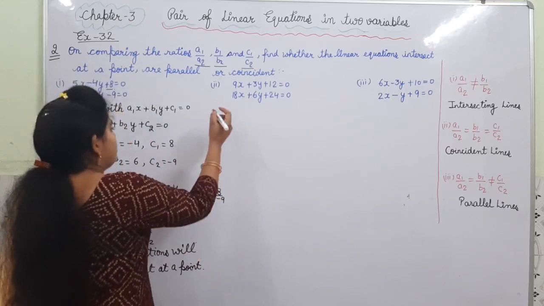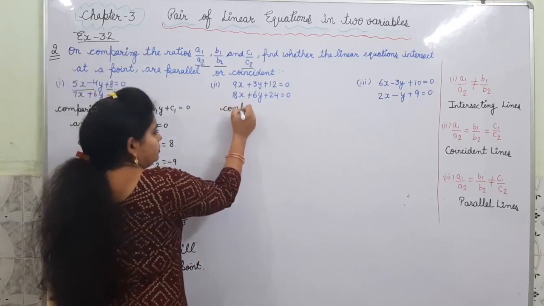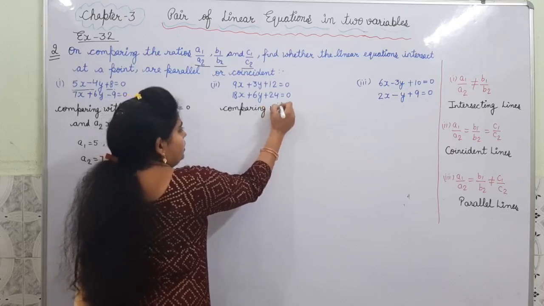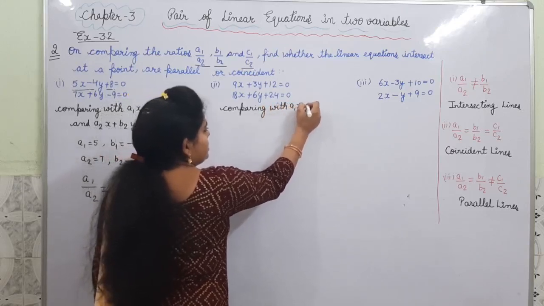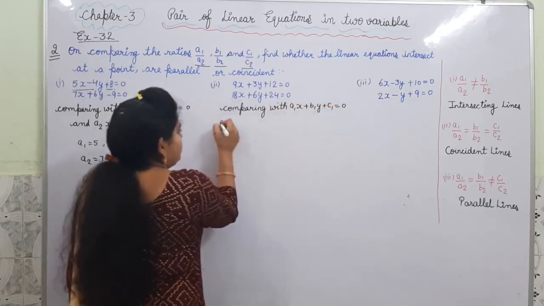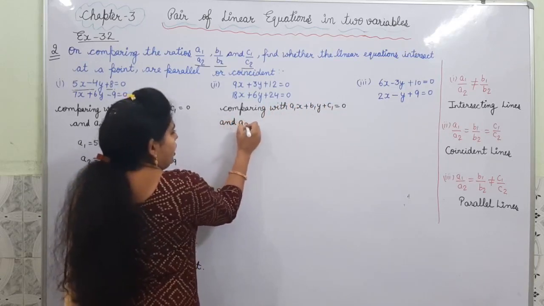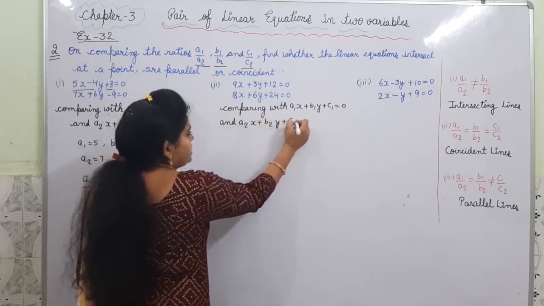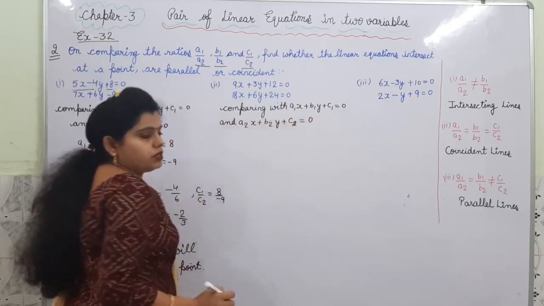Similarly, the second part. Comparing with a1x plus b1y plus c1 is equal to 0 and a2x plus b2y plus c2 is equal to 0.